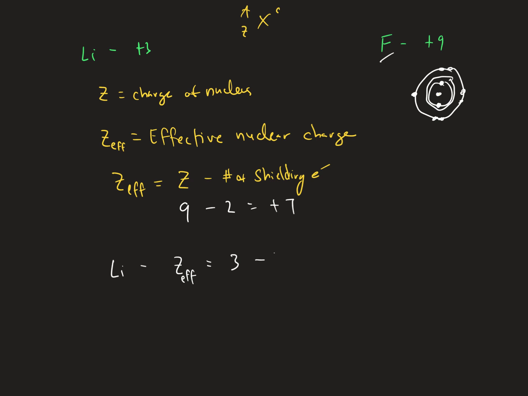Just 2, just like fluorine, right? So that's a positive 1 effective nuclear charge. Either way, it's a bigger charge for fluorine, right? We'll use this a little later too. Does everybody understand that idea?